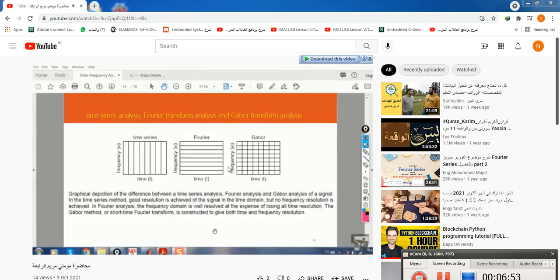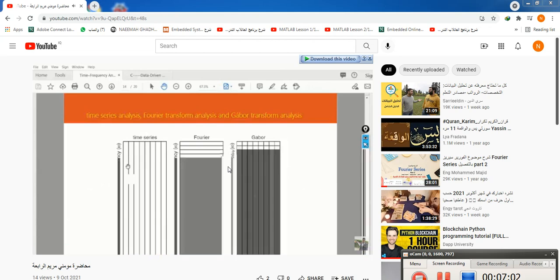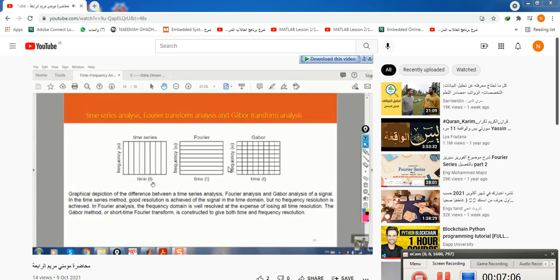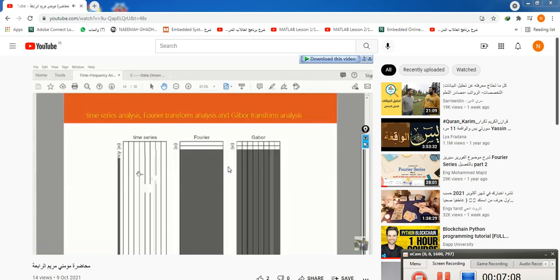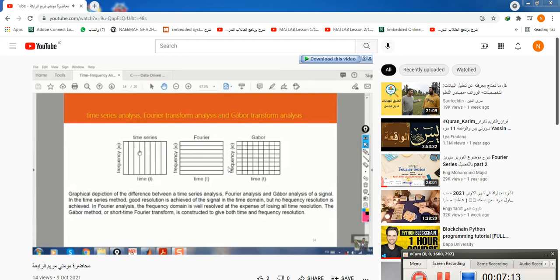It is clear that in temporal processing, the resolution is related to time. I mean that we analyze the signal only in the time domain.